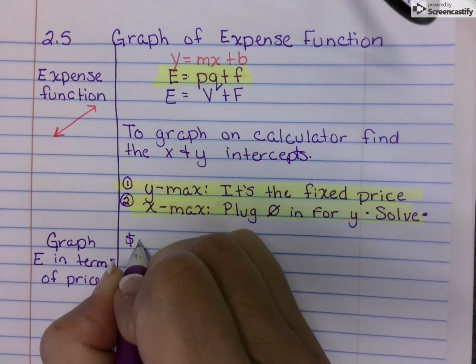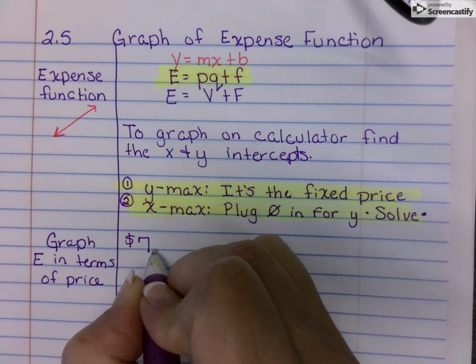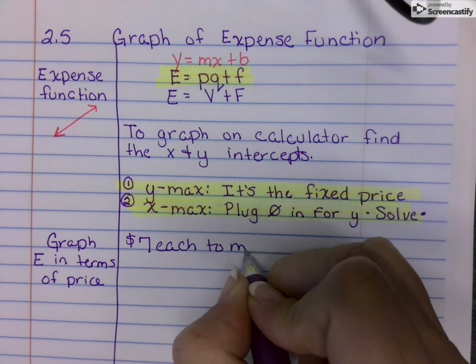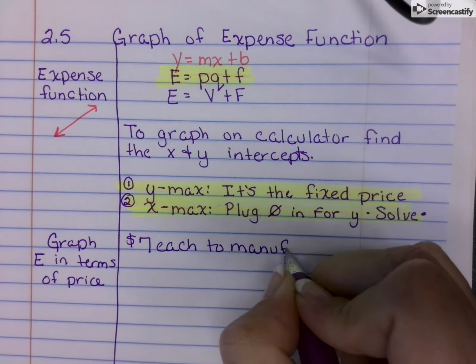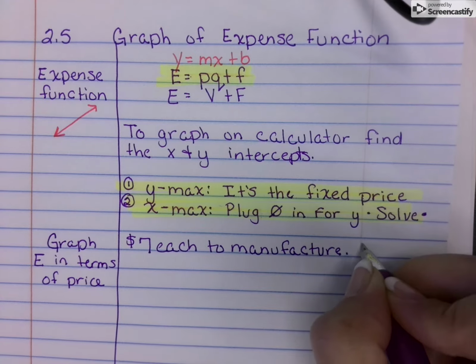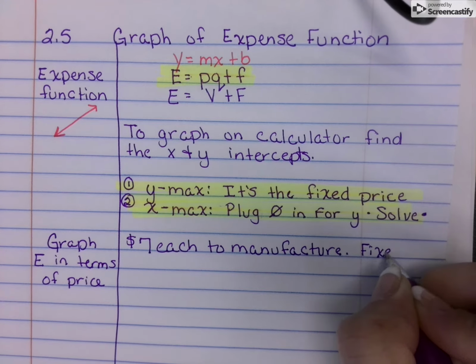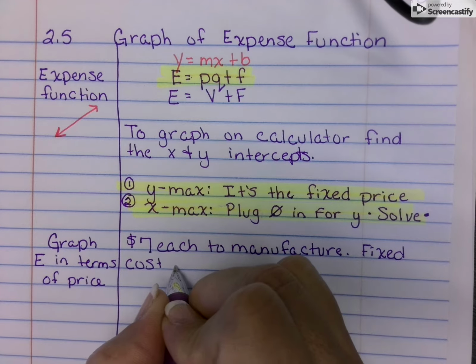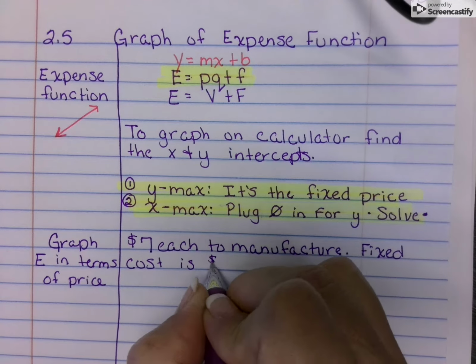So here's our example. We have $7 each to manufacture. The fixed cost is 28,000.